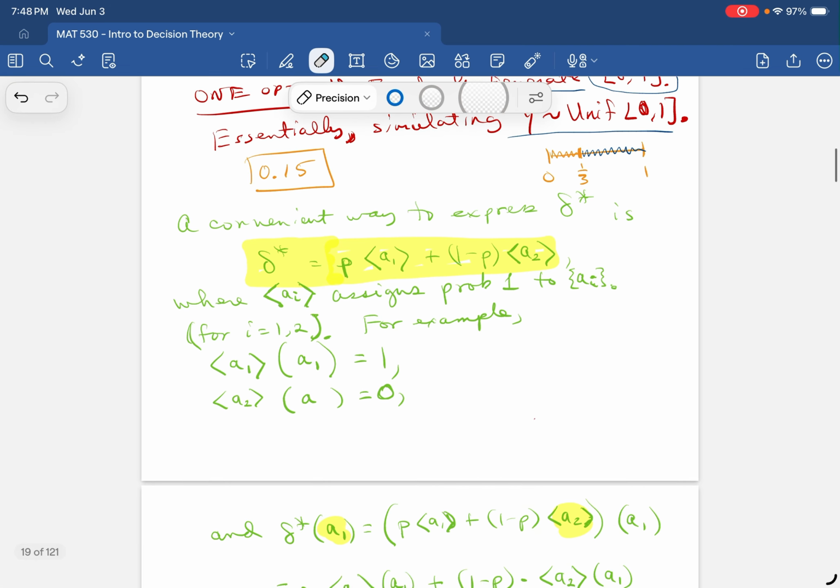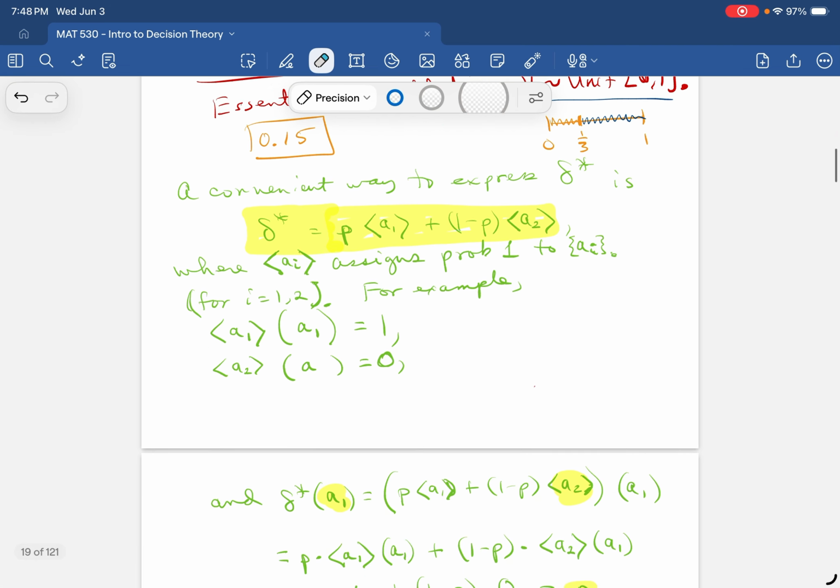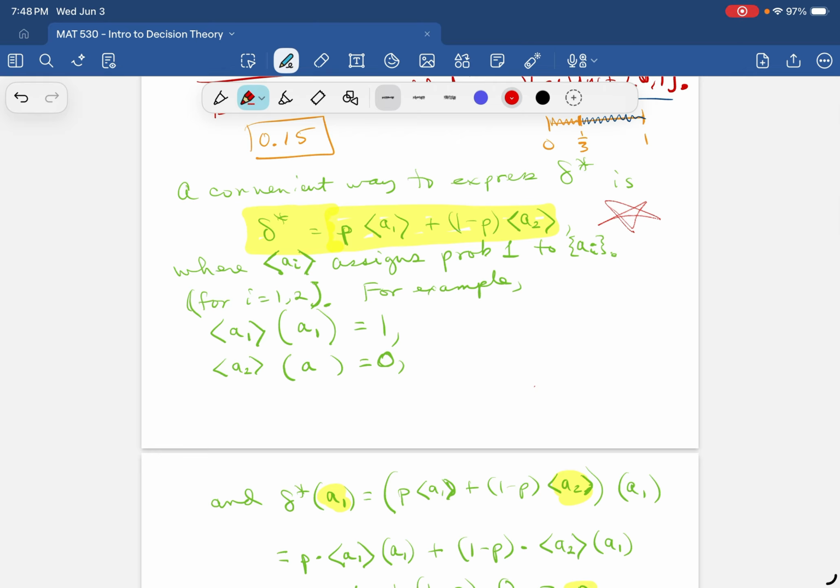So let's see. Well, if we take a look at going from this notation here, if we look at what that delta star would give evaluated at a1, remember that delta star is a probability distribution on the action space, and the probability of choosing action a1 should give us a little p.